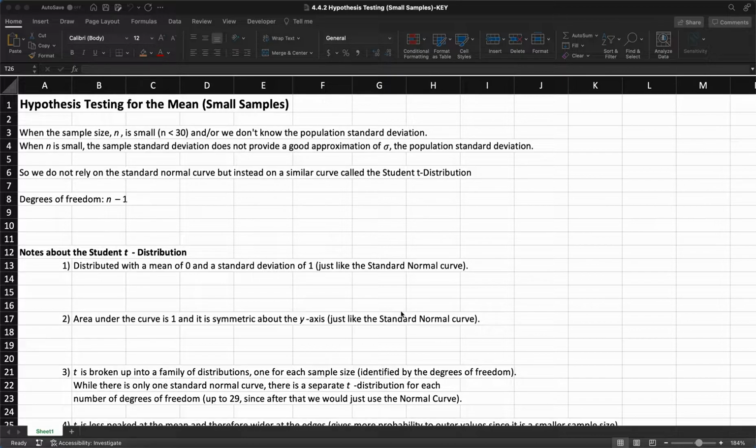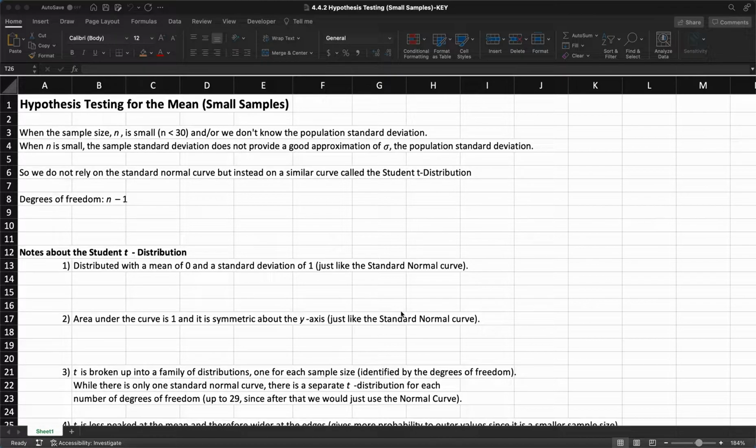But now we're dealing with small samples, where n is less than 30, or we don't know the population standard deviation, which we haven't known all along, and not knowing that is a little bit more authentic than pretending that you know it, because there aren't many situations where you actually know the population standard deviation anyway.